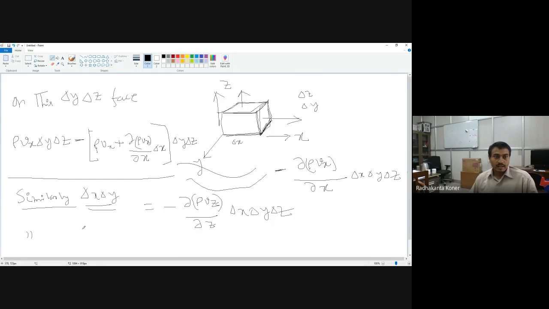Similarly for the del z and del x face. What is the del z and del x face? Del z is this and del x is this. So on this face, what is the net flow?